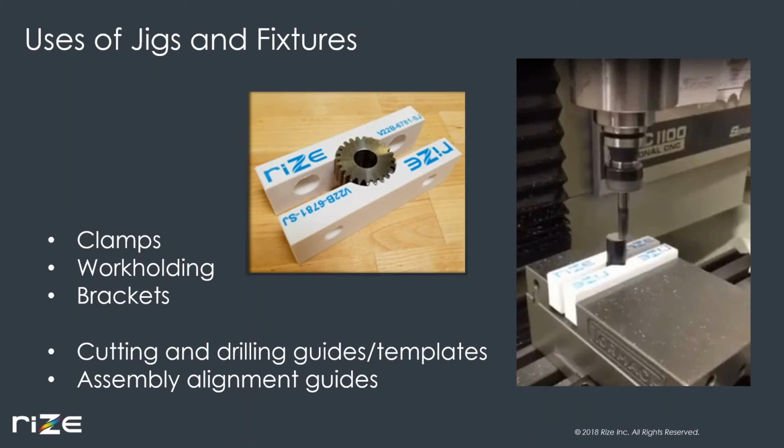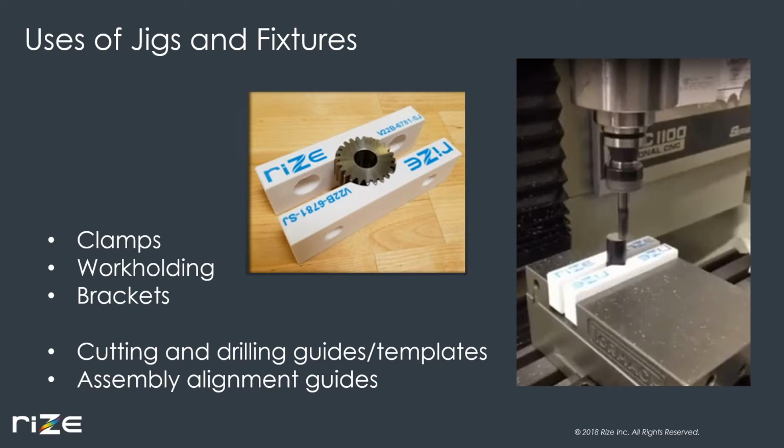Here are some of the most common uses of jigs and fixtures. Clamps and work holding fixtures can secure workpieces in place for all sorts of processes. Brackets are a type of fixture that doesn't necessarily hold work in place, but may still be used to securely couple two or more components.